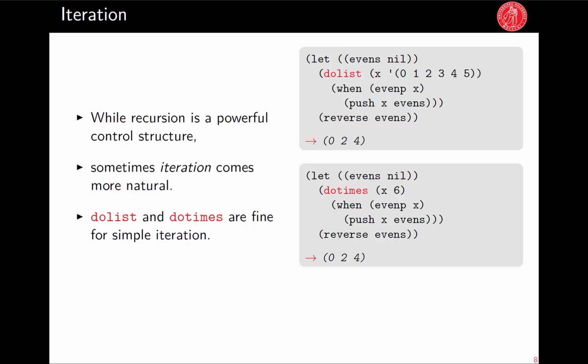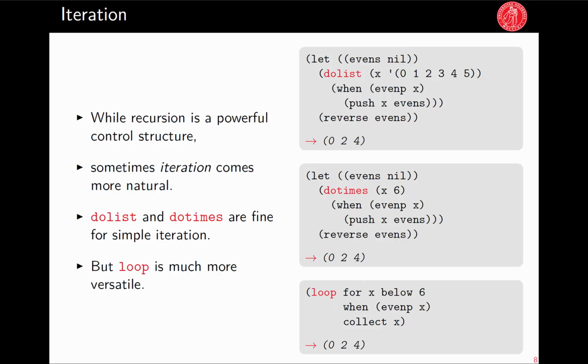Okay, so that's fine, but now let's see how we can do that using loop, which is a much more powerful, general and versatile construction than these other iteration constructions. So loop here tells us to bind x to all numbers below 6, and whenever x is an even number, collect it. And then in the end it will return the list that it has created using collect.